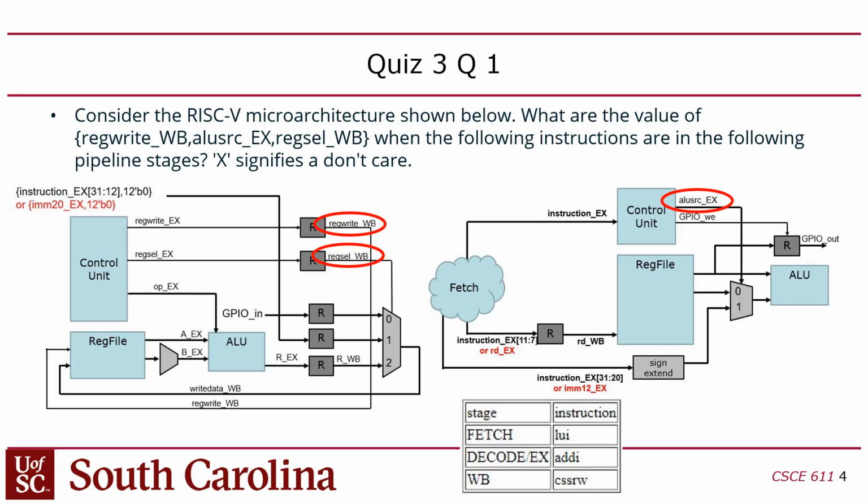Yeah, right? I mean, the CSRW might write a register, or it might not. Depends what we're doing with it, right? Did I not say? I'll have to double check that.